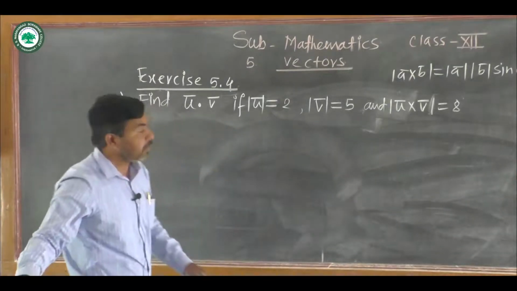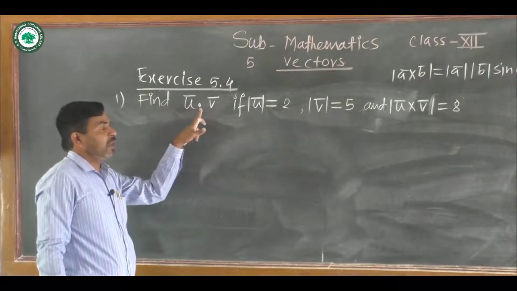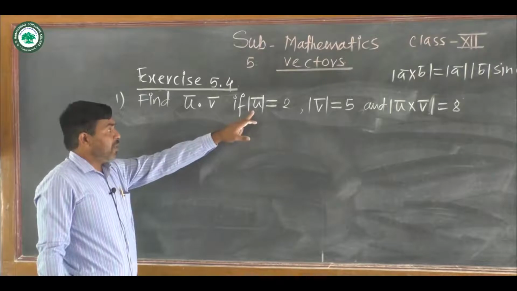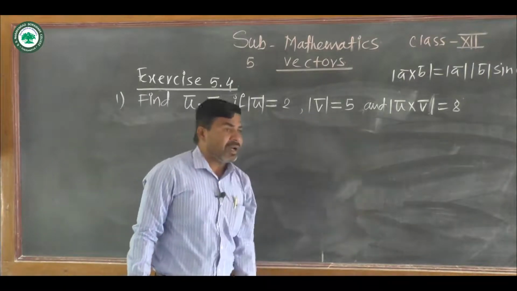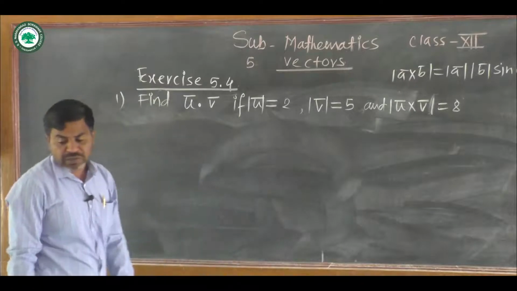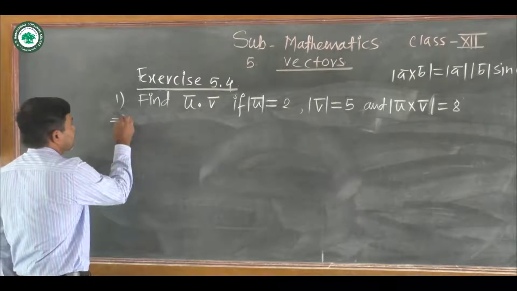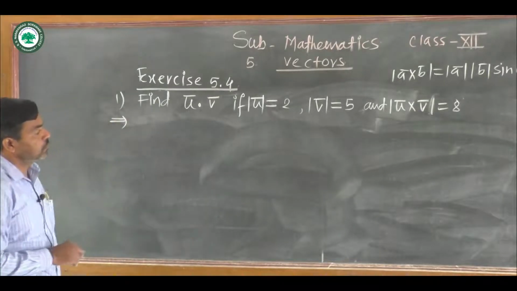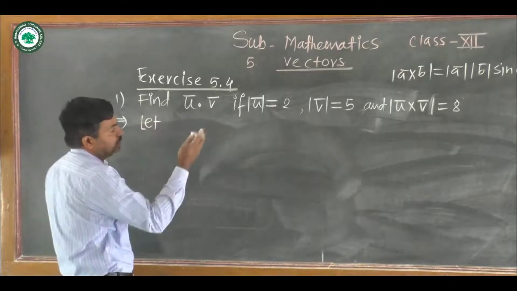We have to find out U bar dot V bar, and what is given? Magnitude of vector U is given, magnitude of vector V is also given, and magnitude of vector U bar cross V bar is also given. First we write the given values.